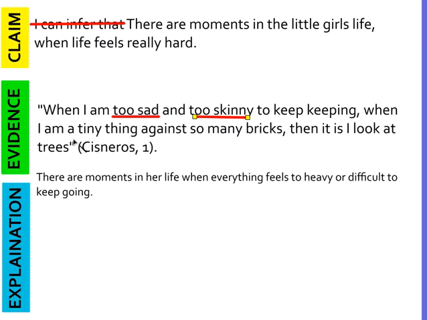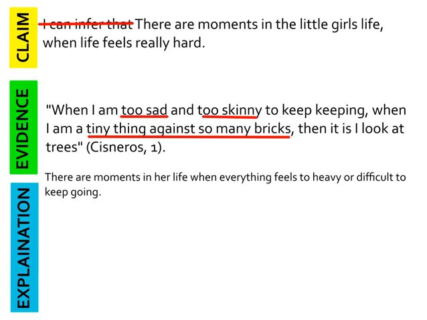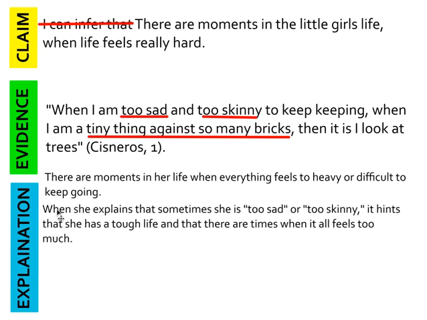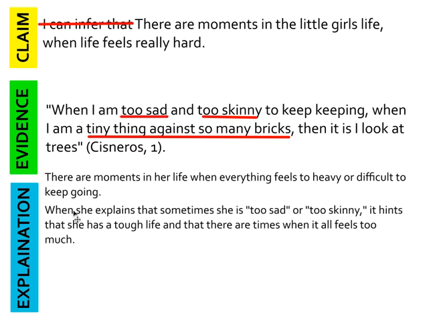And then also when she feels like a tiny thing against so many bricks, when she feels like life is just too heavy to bear. So I want to start with this "too sad and too skinny."